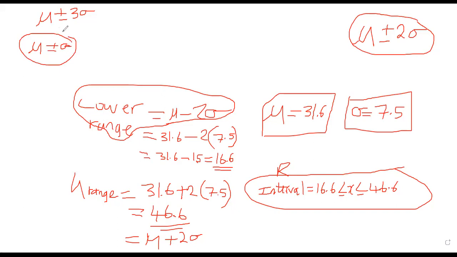The other one is within 3 standard deviations of the mean, and the other is within 2 standard deviations of the mean. So this is how you find the range or interval. You find the lower bound or lower range by simply using the formula and substituting in that equation. Then you are able to get the value that you need.